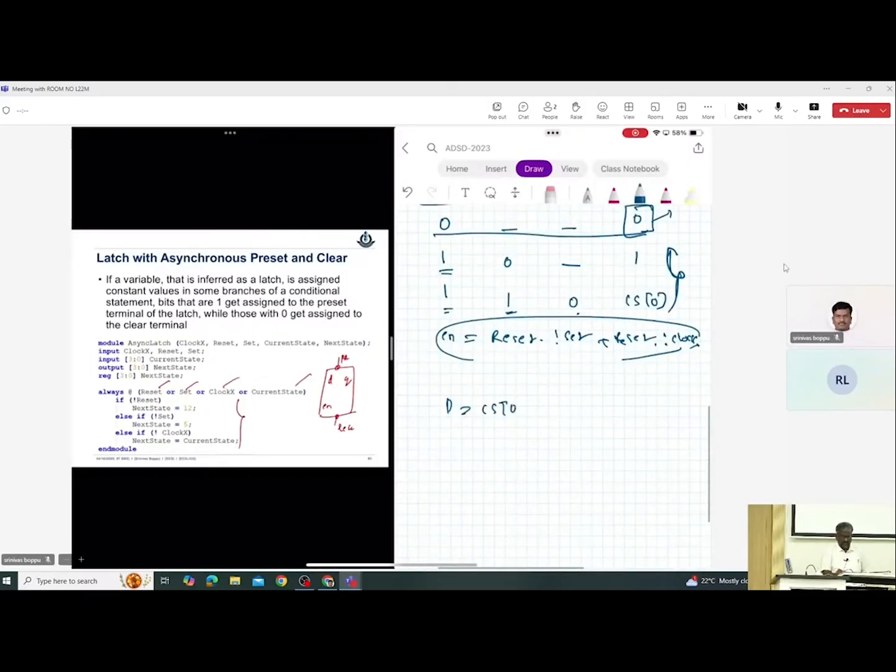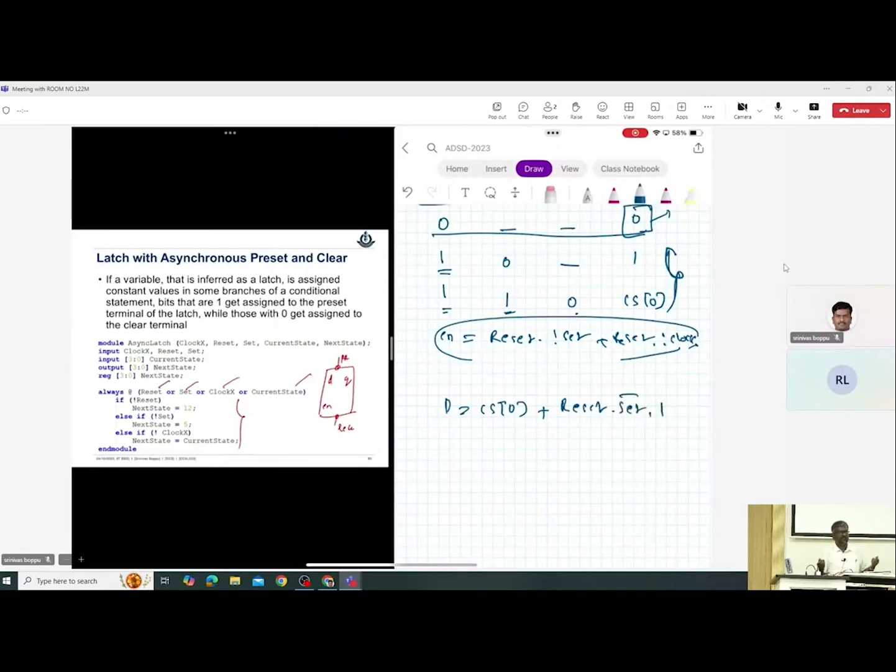Definitely CS0. And we should send 1 when set, but when is the condition? Reset should be 1, set bar, and at that time you are sending 1. Yes, okay, got it.